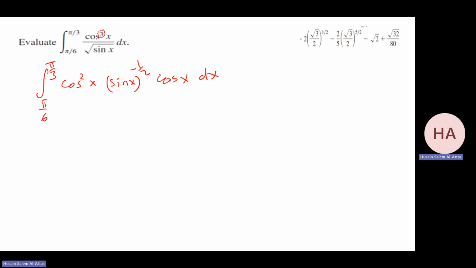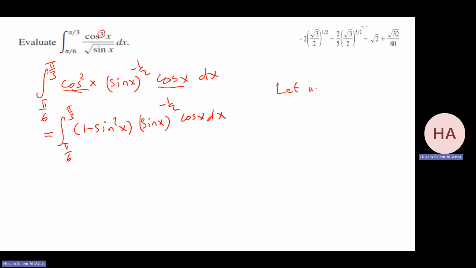So I split cosine cube into cosine square times cosine. Now I change cosine square also, because I want it in terms of sine. Cosine square is 1 minus sine square x.